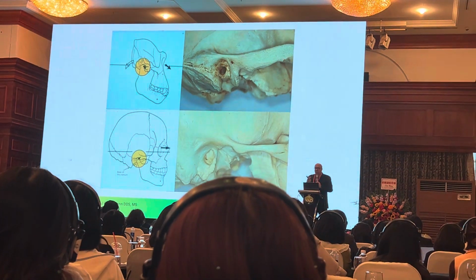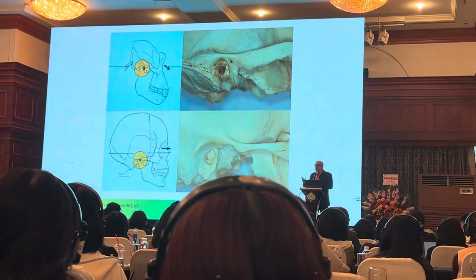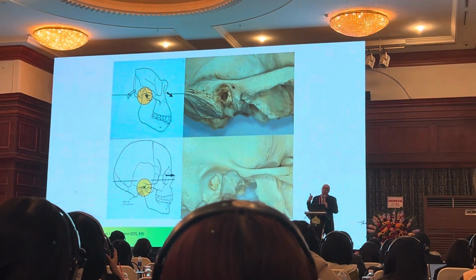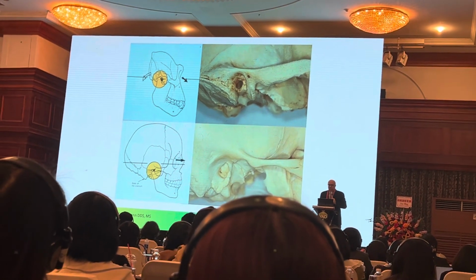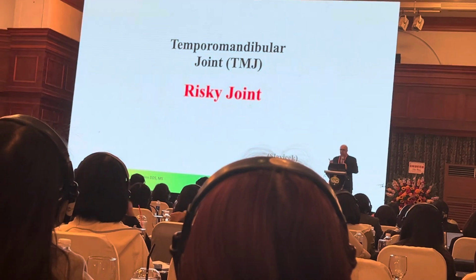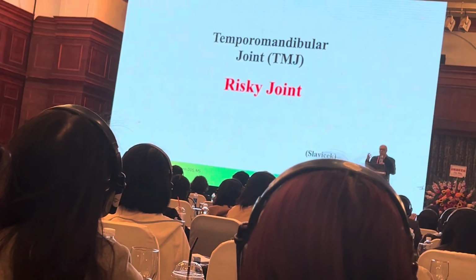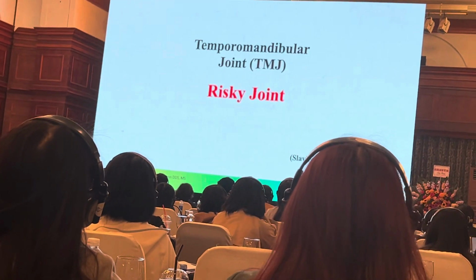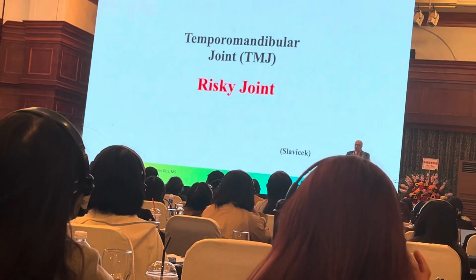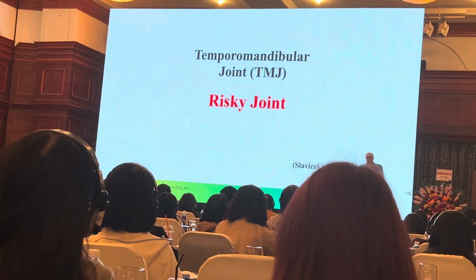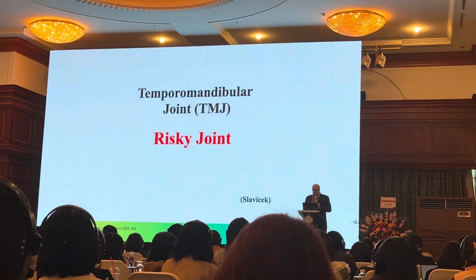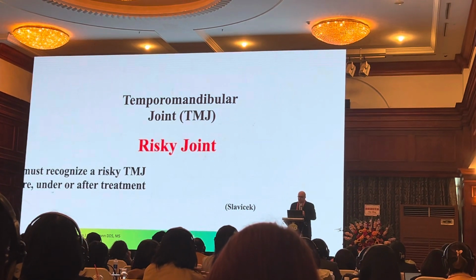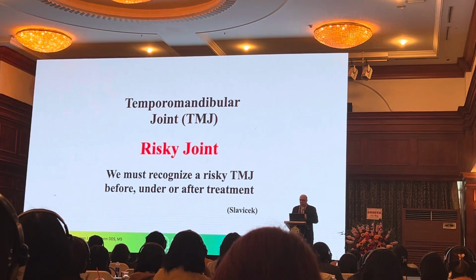We don't have this protection in our joint, so our joint very easily slides back. Our joint is very risky because it depends on good occlusion of the discs. If the discs are not interlocked, the joint can be in trouble. So Professor Larheim called our joint a risky joint. It's very easy to have problems.